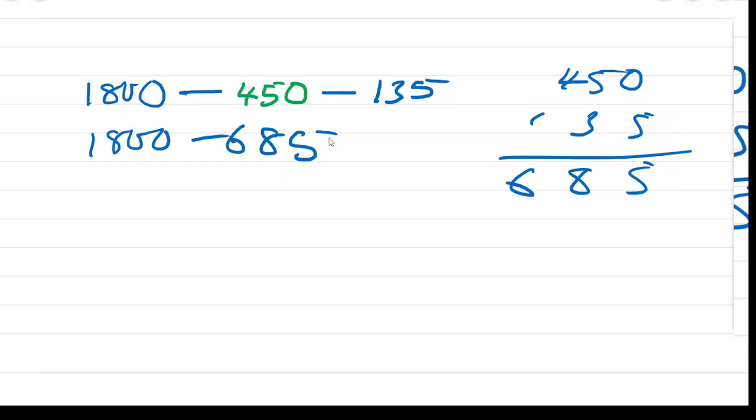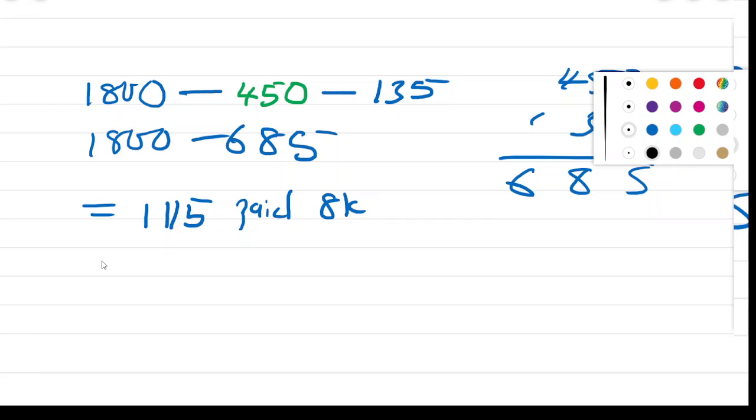So you have 1,800 minus 585. So that is 1,215 persons who paid 8k.